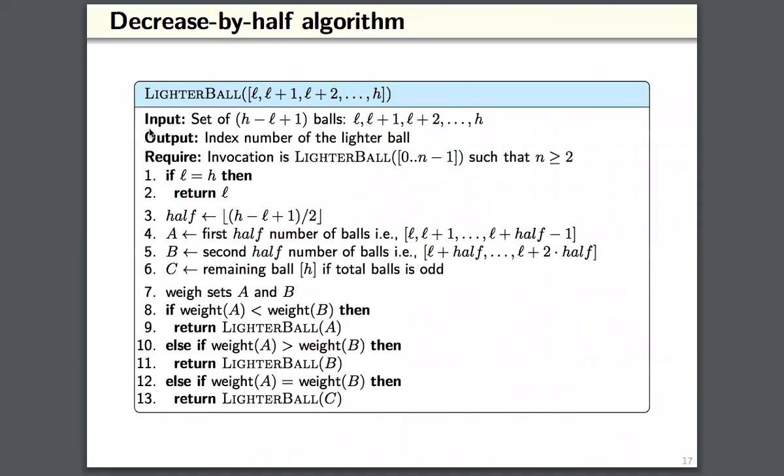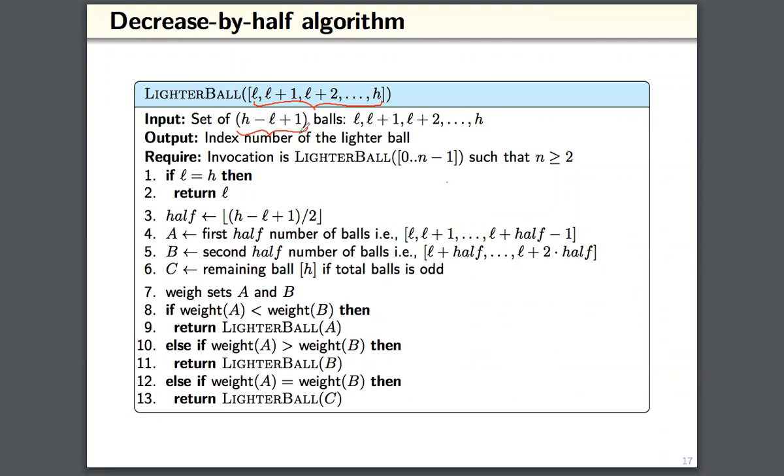What is the algorithm? Okay, so here is your algorithm, decrease by half algorithm, right? Like your binary search, very similar to your binary search. Suppose the indices of the balls that we want to determine the lighter ball is from L to H, low to high, L to H. So how many balls are there?